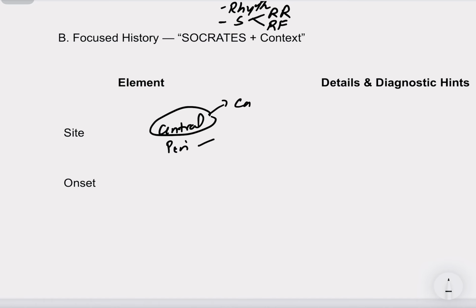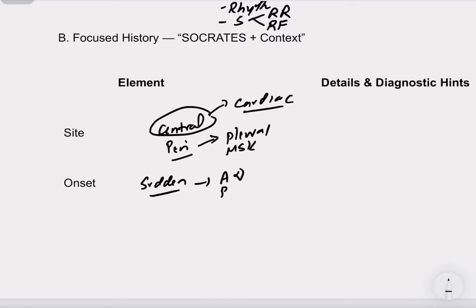Pericarditis or cardiac cause is mostly central. Peripheral lateral might be due to pleural causes: pneumonia, pleuritis, musculoskeletal pain. Certain types of chest pain can be due to aortic dissection, pulmonary embolism and pneumothorax.